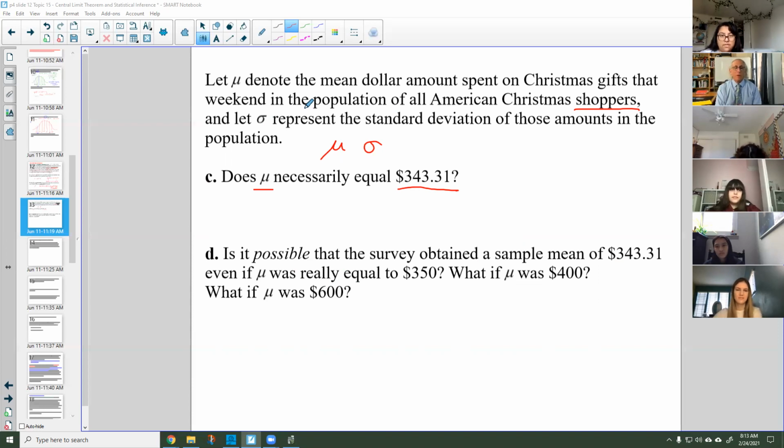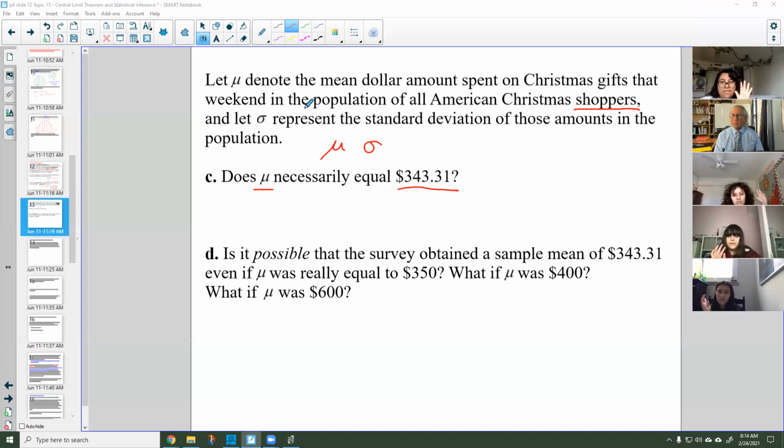Yeah. Okay, so does mu necessarily equal 343.31? Yes? No? I'm asking for votes here. How many people say, yeah, of course it equals 343.31? How many people say, no, it does not necessarily equal 343.31?